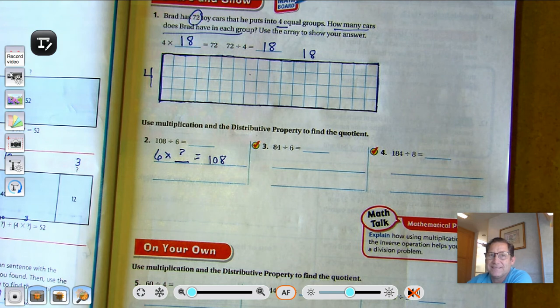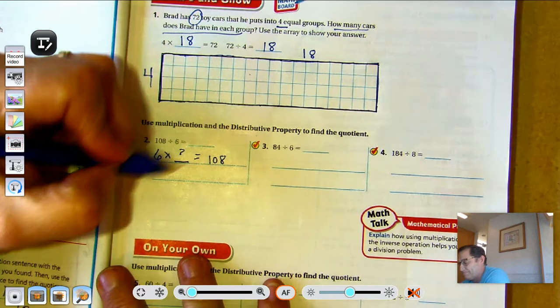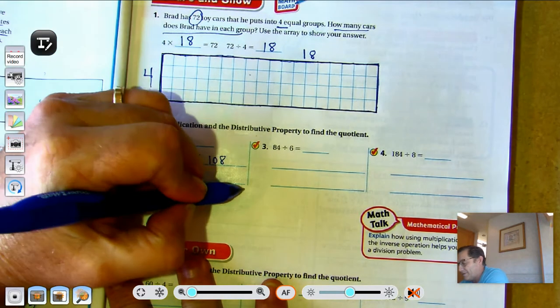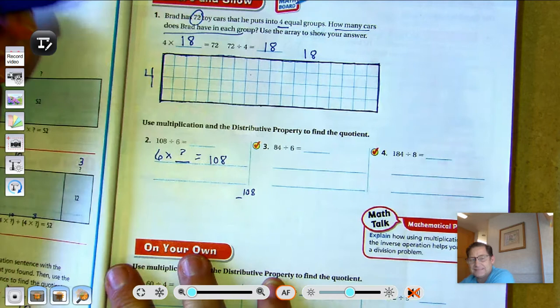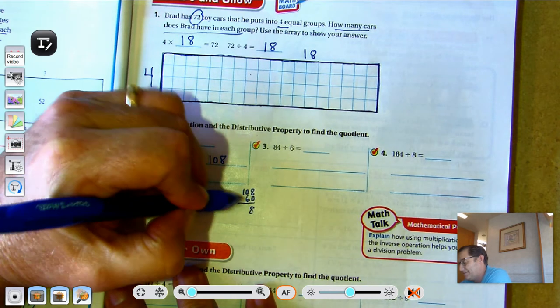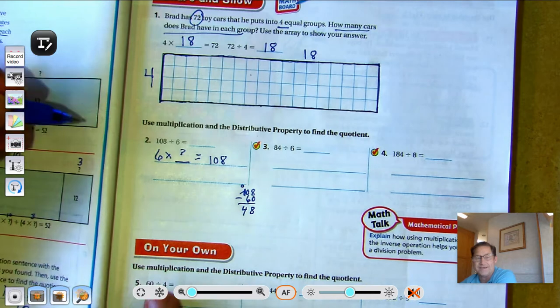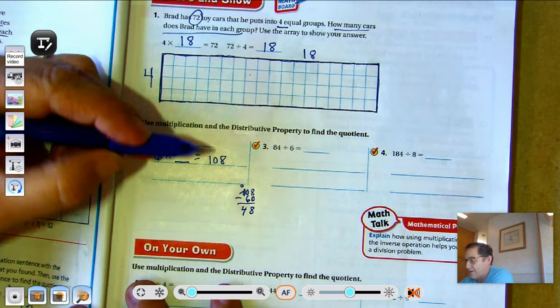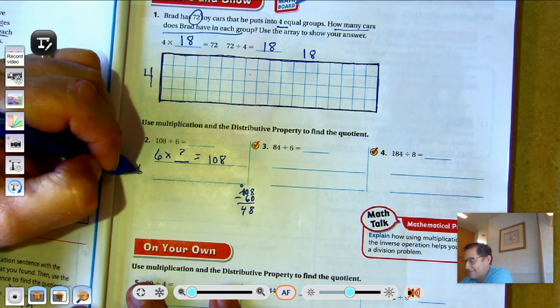Well, 6 times 10 is 60, so I can take that away from the 108. So let's start there. So if we take 60, 6 times 10 is 60, let's take away 60 from 108. That leaves us 48.